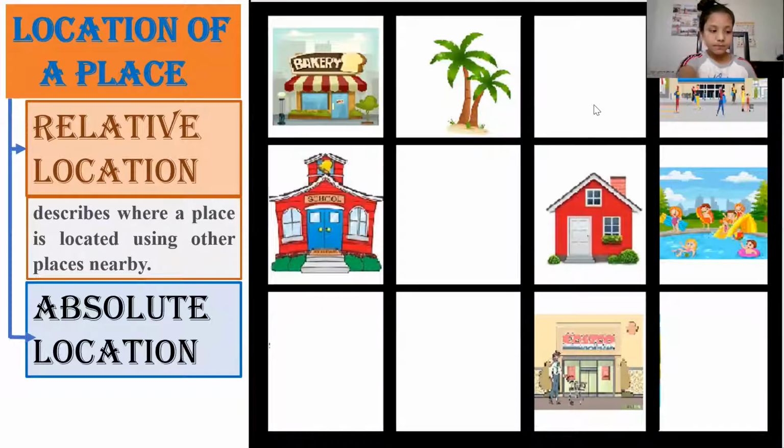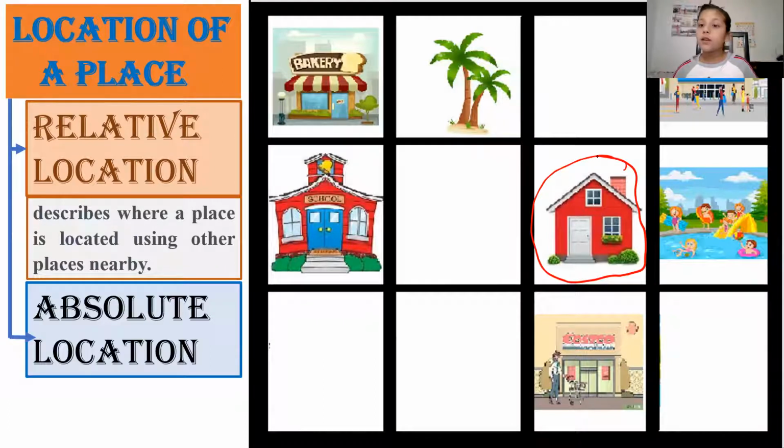For example, this is my house. My friends want to know where my house is located relative to the swimming pool. Suppose each block is 1 mile.